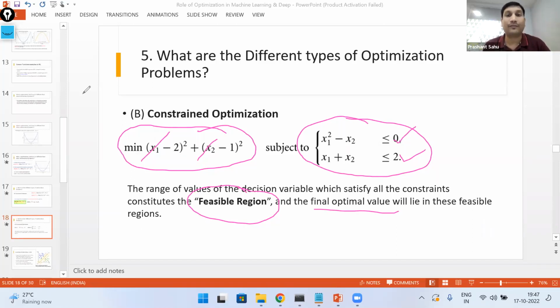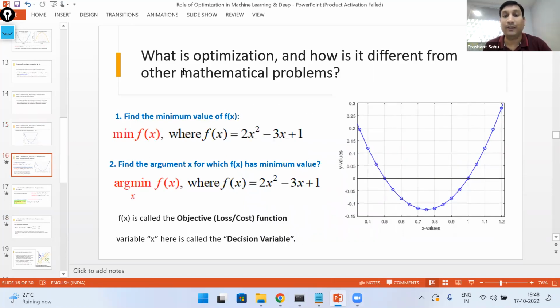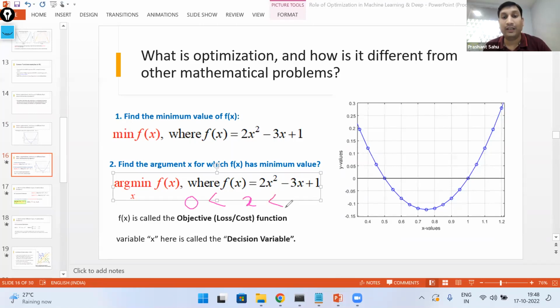So if I go back to my previous slide, this one, I can introduce one constraint. So here I say, find the minimum value of this function subject to a constraint that your value of x must be greater than or equal to 0.5.